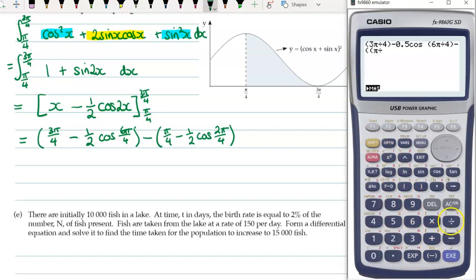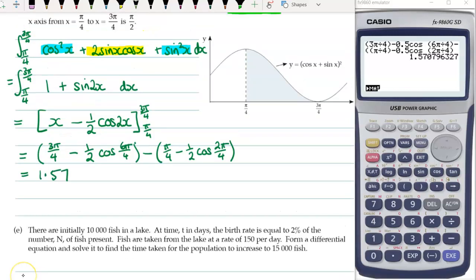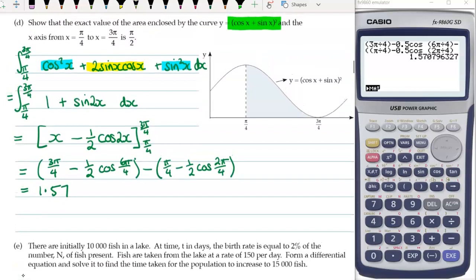So pi divided by 4 minus half cos of 2 pi divided by 4, that equals 1.57, which I'm just going to go back and check.